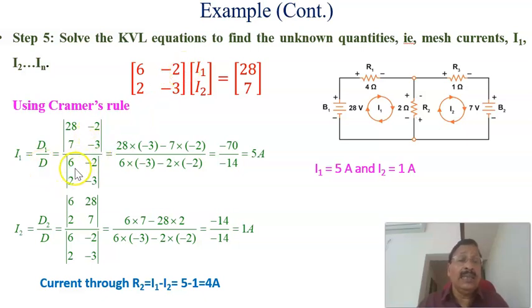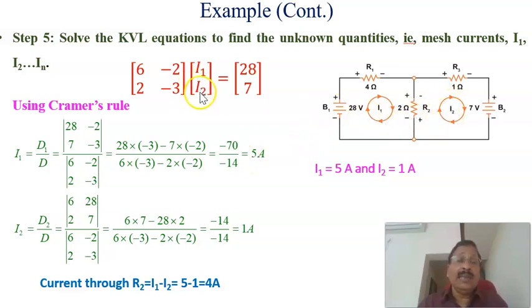The determinant is calculated: 28 into minus 3 minus 7 into minus 2, divided by 6 into minus 3 minus 2 into minus 2. Then the ratio gives 5 amperes. Therefore, the mesh current I1 is 5 amperes.